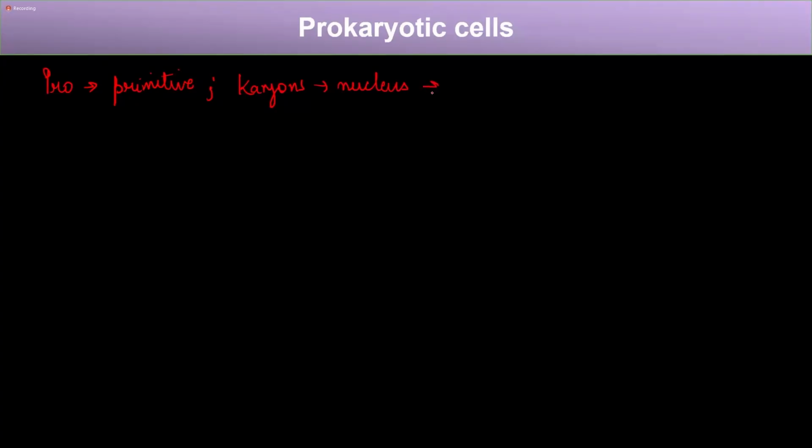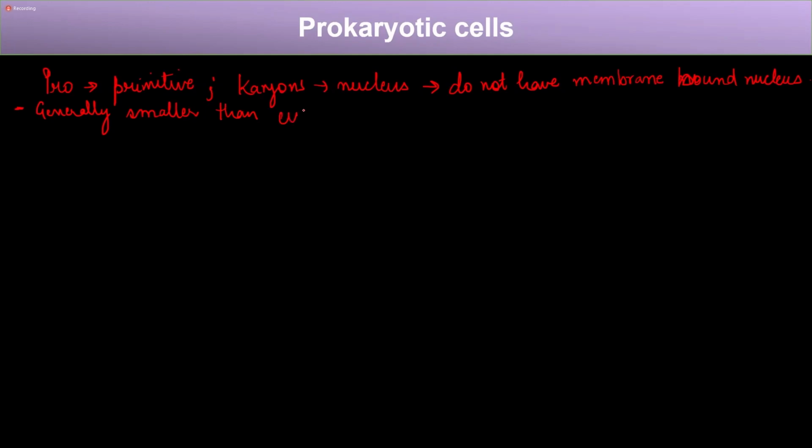So a prokaryotic cell is one which has a primitive nucleus or does not have a membrane bound nucleus. Apart from this, we also saw the shape and sizes of different cells, and we saw that prokaryotic cells are generally smaller than eukaryotic cells.